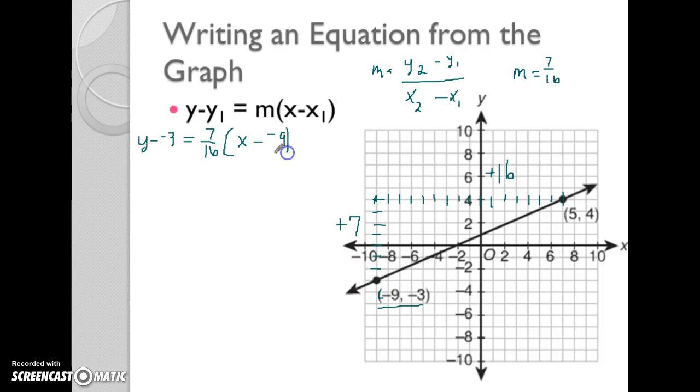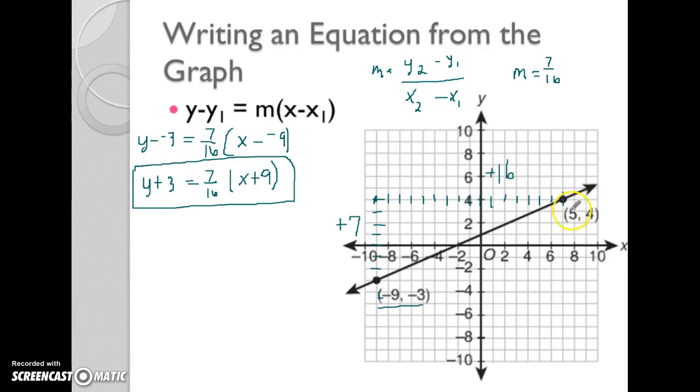And then you just want to rewrite it so that we have addition instead, because we're adding the opposite. So y minus a -3 is the same as y plus 3 equal to 7/16, and then x plus 9, because x minus a -9, adding the opposite, is the same as x plus 9. So here's one of our equations with that first point.